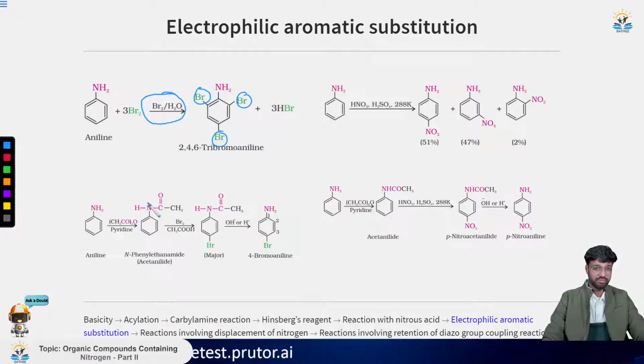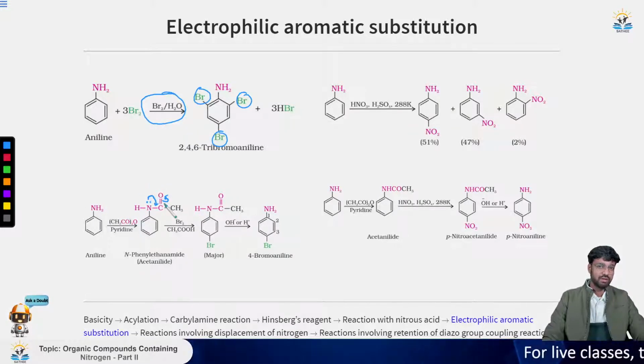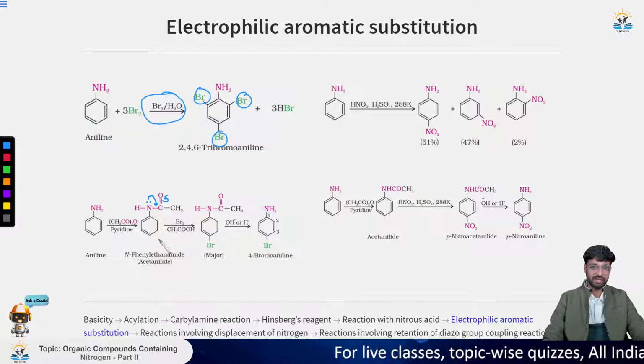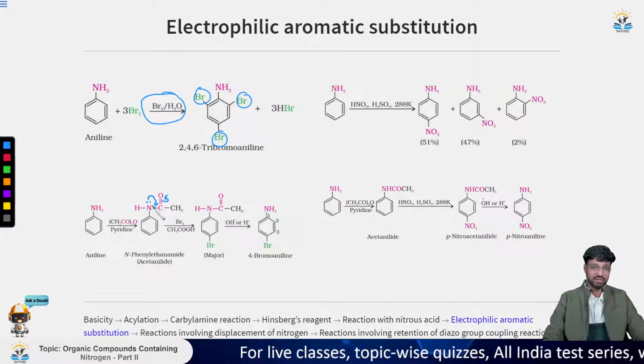So what does it do? It deactivates this ring to some extent. Why? Because now this lone pair is also going in conjugation with the carbonyl group. It is simultaneously going, sometimes to this place, sometimes to the ring. So initially it was only activating the ring, now some of the electron density is shifted to this carbonyl group.